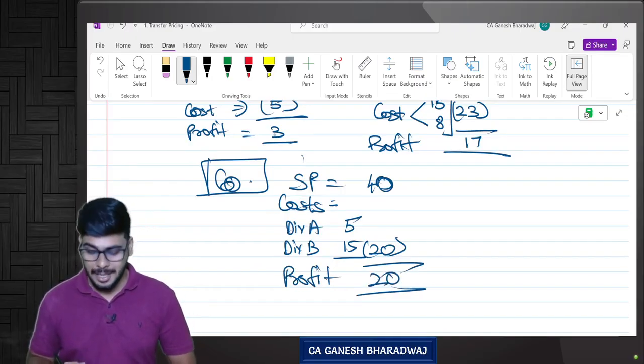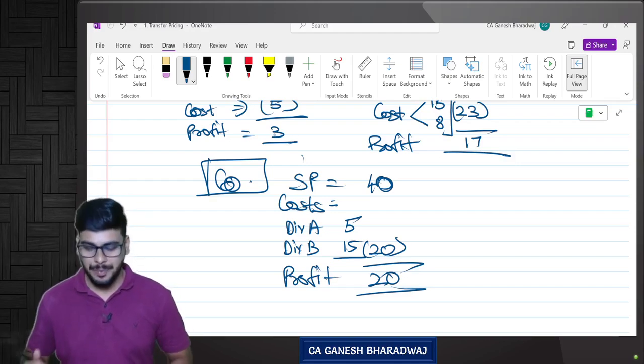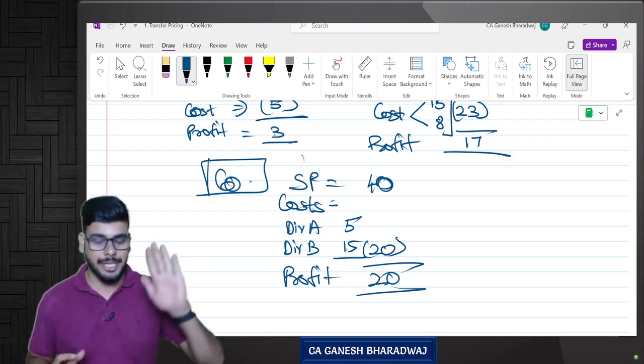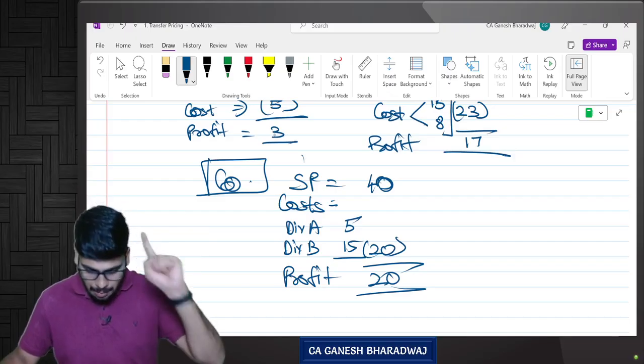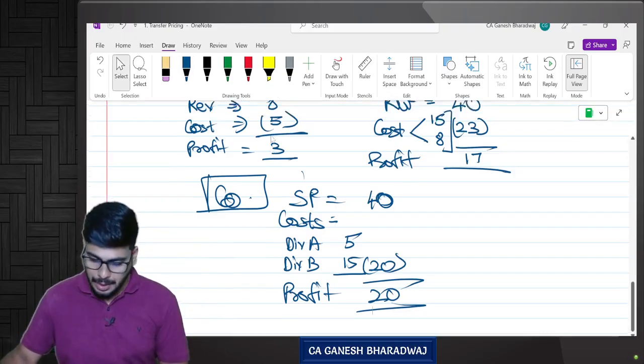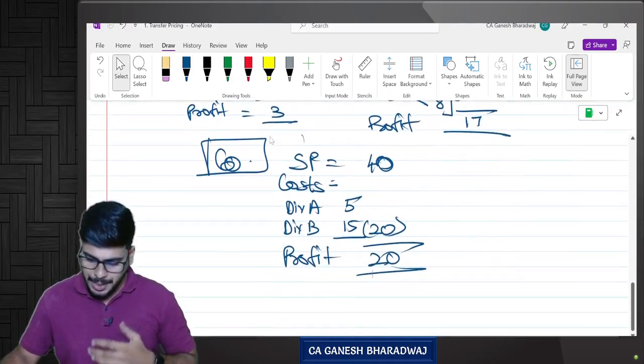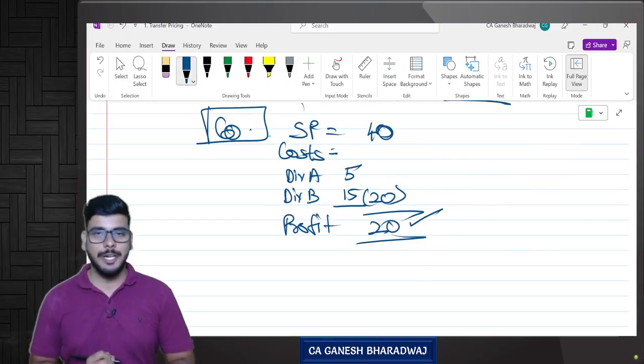Correct or not? Yes. Now, there are a few observations that I want to make. Number one. The profit for the company as a whole was 20 rupees.